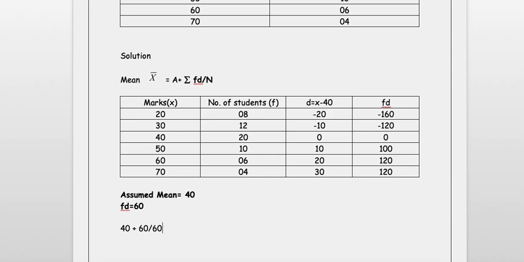So we have to calculate only this much: 40 plus 60 divided by 60, which is equal to 40 plus 1 equals 41. Okay, so here also we see the answer is all the same.